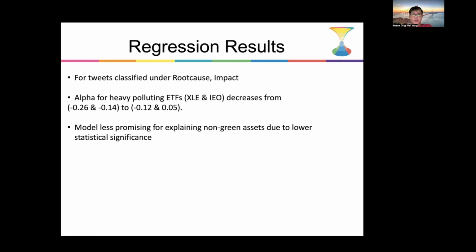However, we see that for the heavy polluting ETFs, it decreases in the alpha, or yeah, in magnitude, which is actually interesting because I think it shows to a certain extent that maybe this specific model is less promising to explain non-green assets due to a lower statistical significance, and I think that's why we get a lower alpha. But I mean, for this regression, for instance, it's very hard to make sense of it. It's not very intuitive. Yeah.